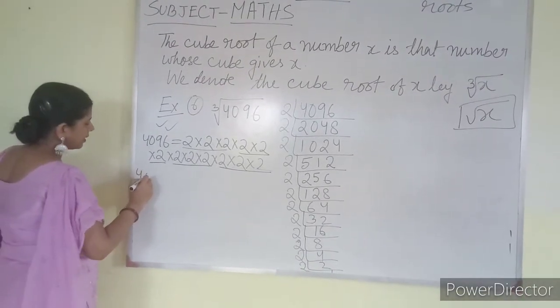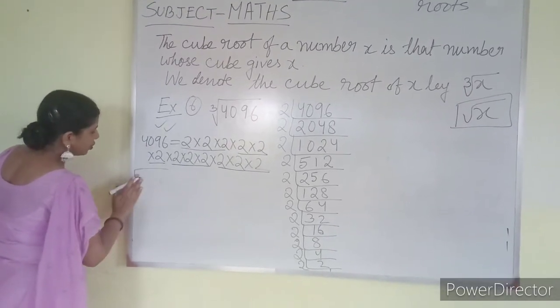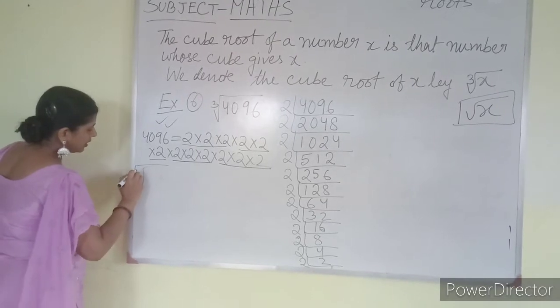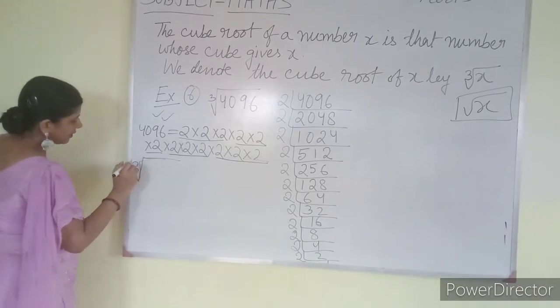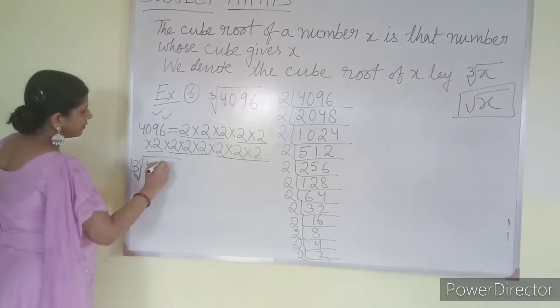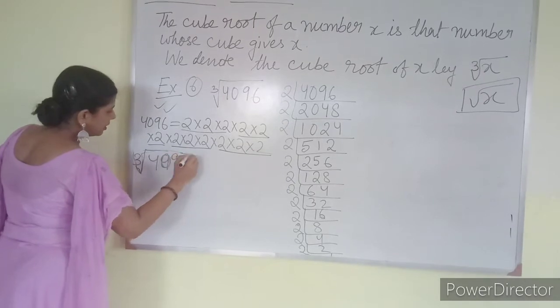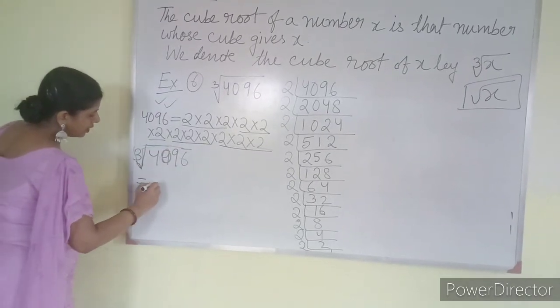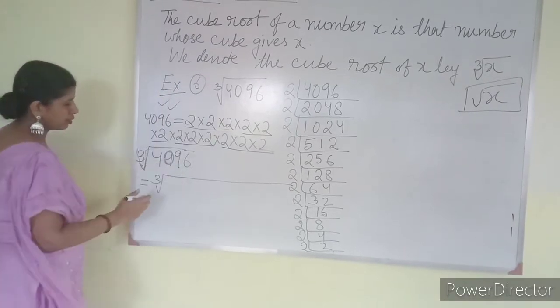Now I will write down the cube root of the number. So here I will write 3. While writing the cube root, I will write 3 here and 4096. This is the number. This is equal to, again inside the cube root, I have to write all those numbers.